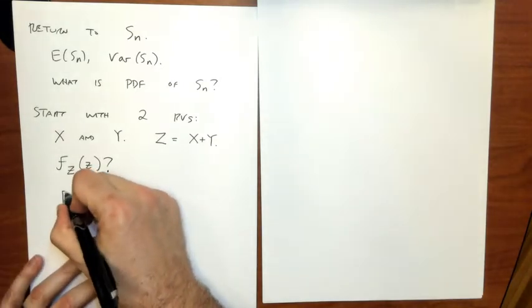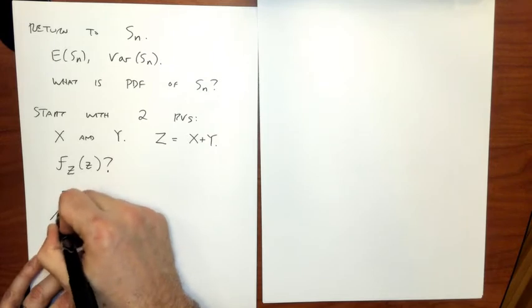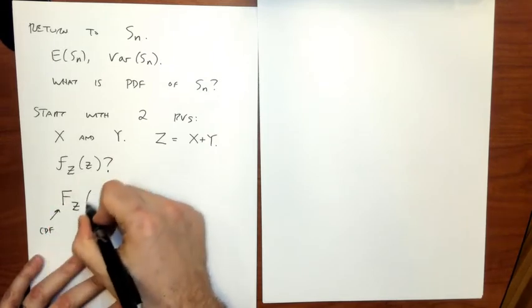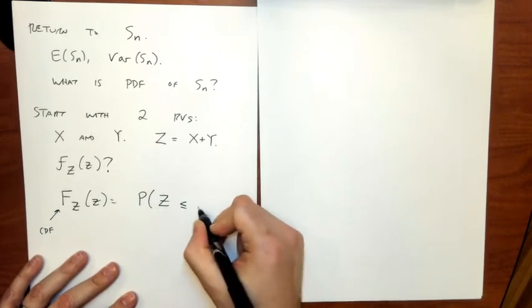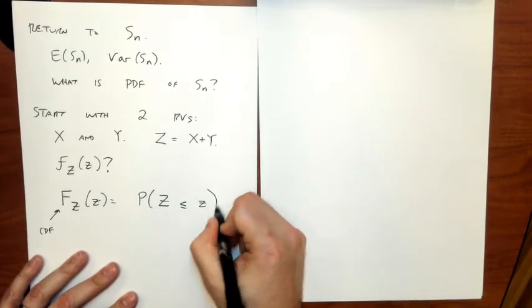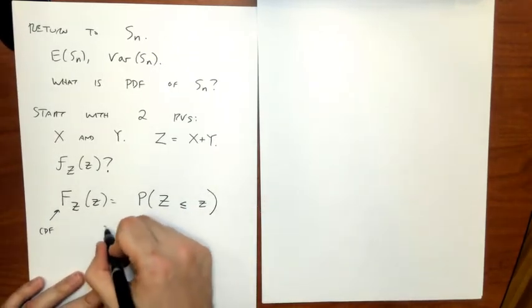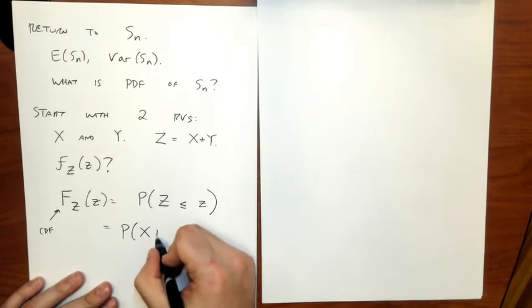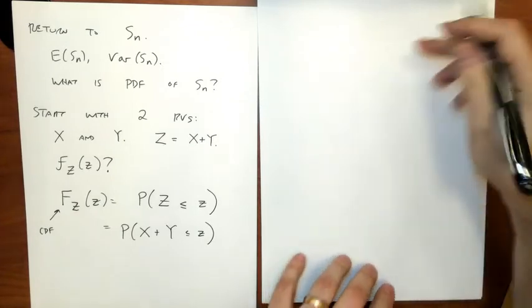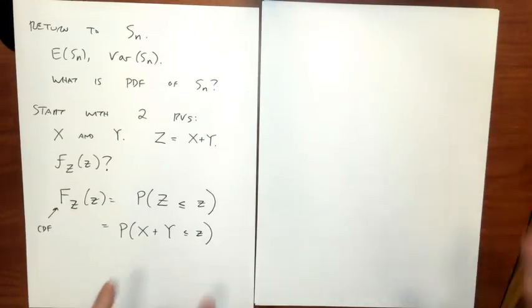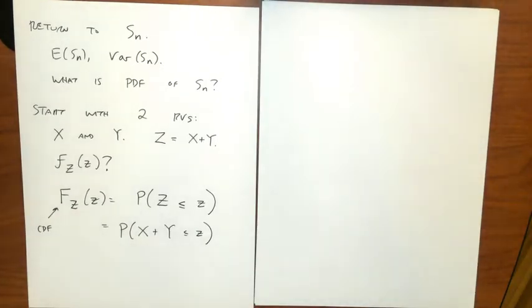We'd say, okay, the CDF of z is the probability that z is less than this value. And that's the probability that x plus y is less than some value. Now this is suddenly something in the language of the joint random variable, right?